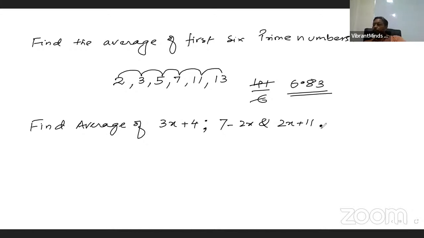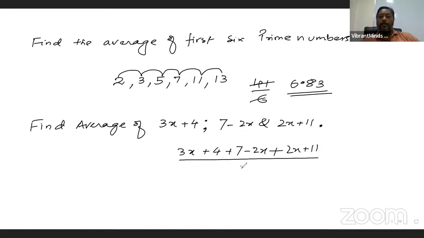These three numbers. Let's take it out. So how you are going to do it? First, you will add the three numbers and then divide by 3. So this is 3x plus 4 plus 7 minus 2x plus 2x plus 11 divided by 3.